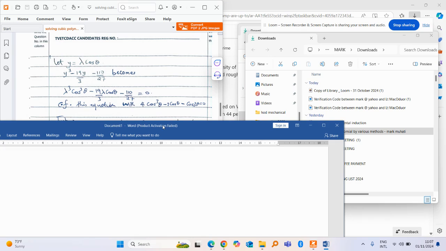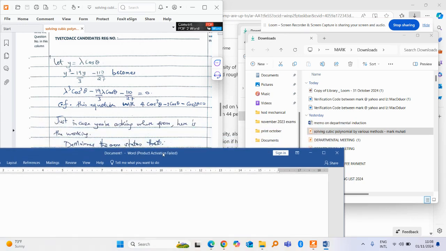So we are now comparing with 4 cos cubed theta minus 3 cos theta equals cos 3 theta.